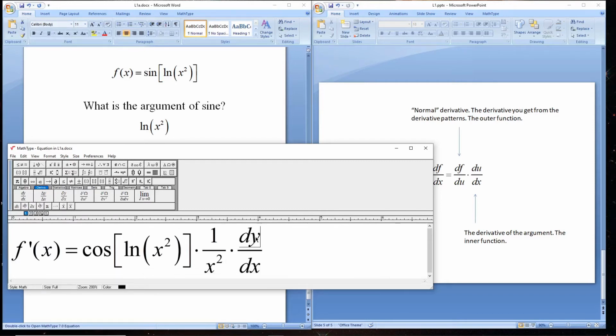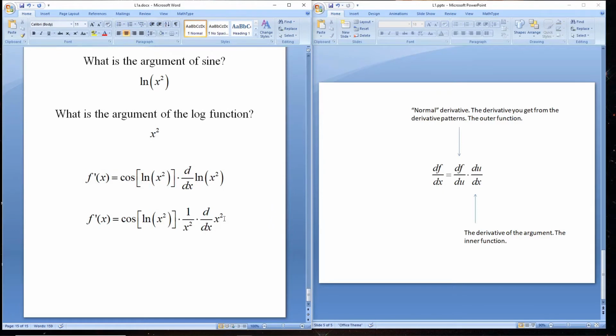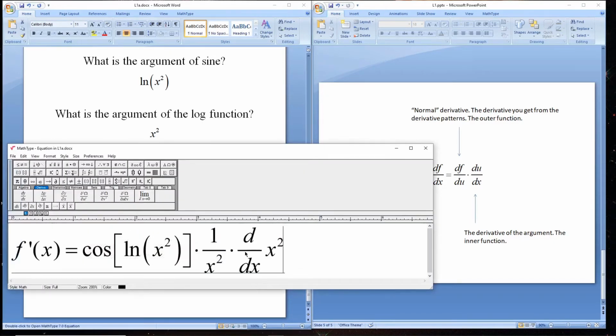And so I'm going to write that out. We still need to multiply, there's my dot, the derivative of the argument. And the new argument now is x squared. And so there's our next statement. And now we can do that.